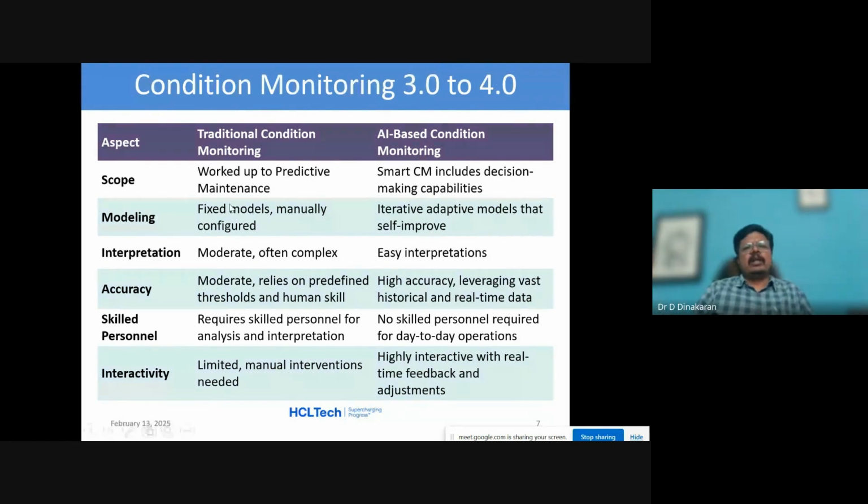Previously, the condition monitoring of machine tools, equipment or devices used fixed models that were manually configured. But AI-based monitoring uses iterative adaptive models. Iterative adaptive model in the sense that, if you view one video on YouTube, the next day it shows you relevant videos.